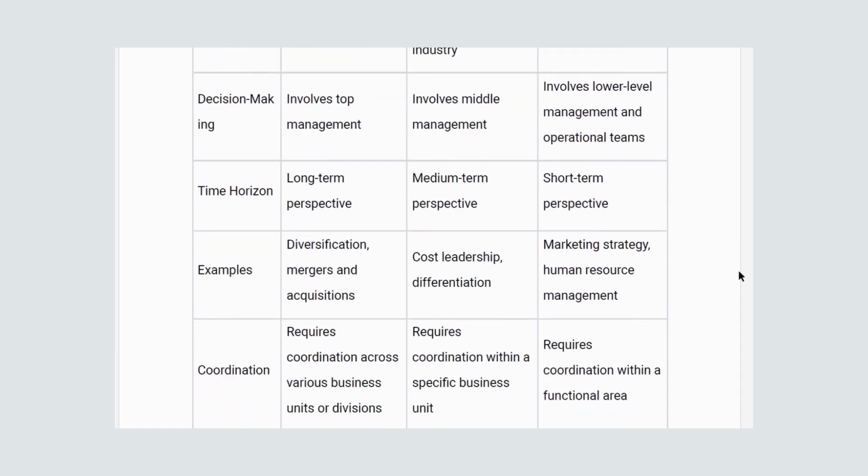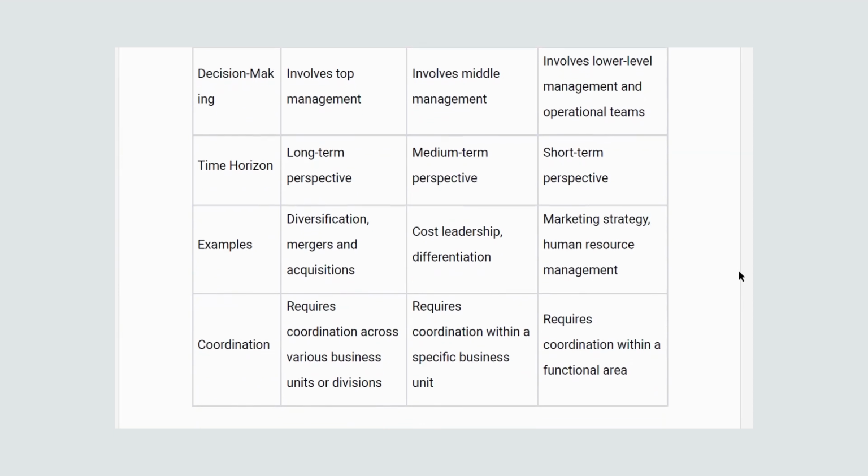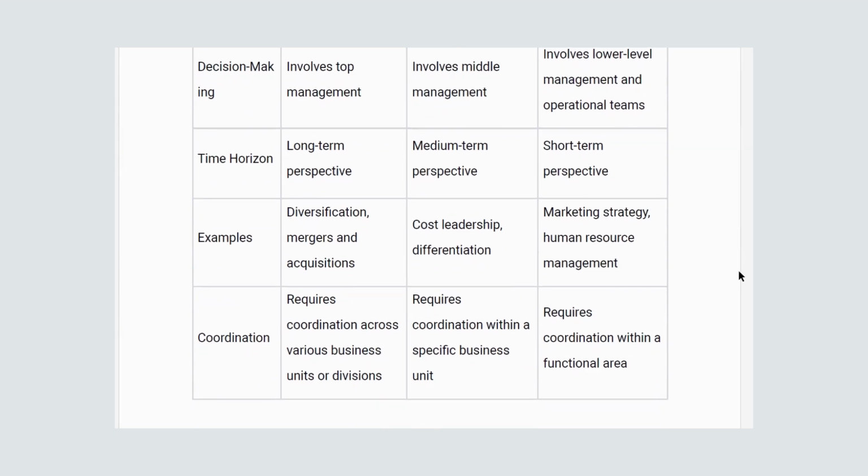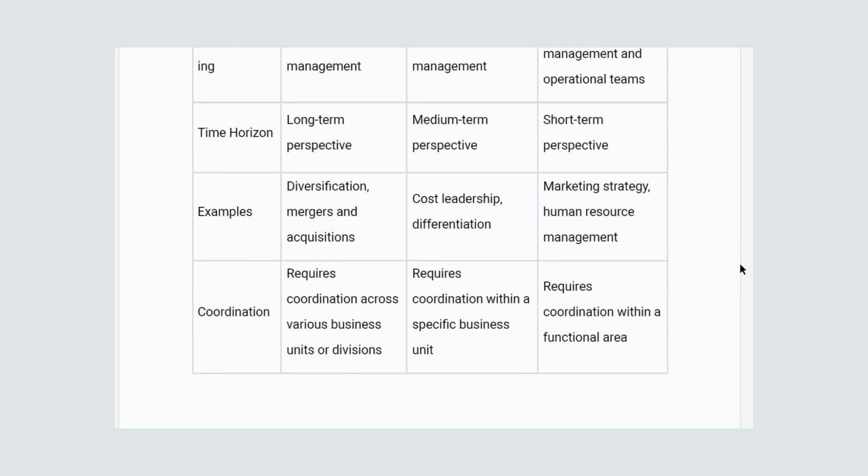Examples of corporate level strategies are diversification, mergers, acquisitions. For the business level, examples are cost leadership and differentiation. And the functional level strategies are marketing strategy, human resource management. It relates to various functions of an organization. Then when we talk about coordination, corporate level requires coordination across various business units or divisions.